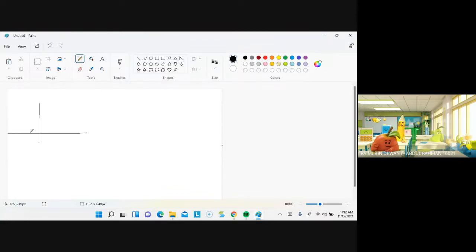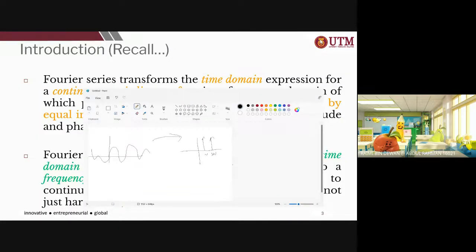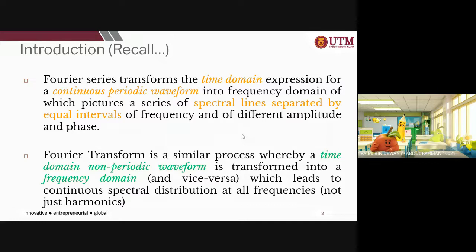Last time, when we learned about the continuous Fourier series, you learned to transform it to the spectrum. This one has equal intervals. If this is omega, this is 2 omega, for example. We also call these spectral lines, or sometimes a line of spectrum.